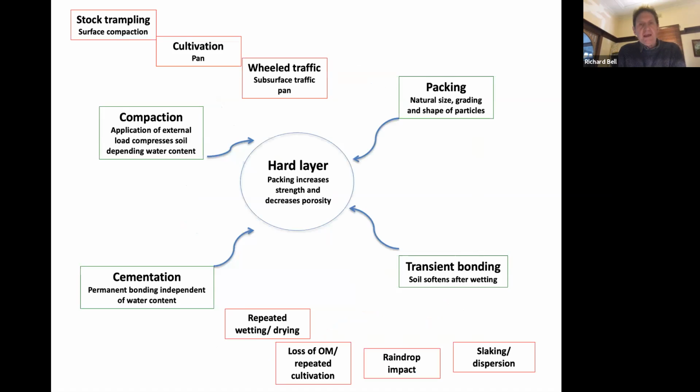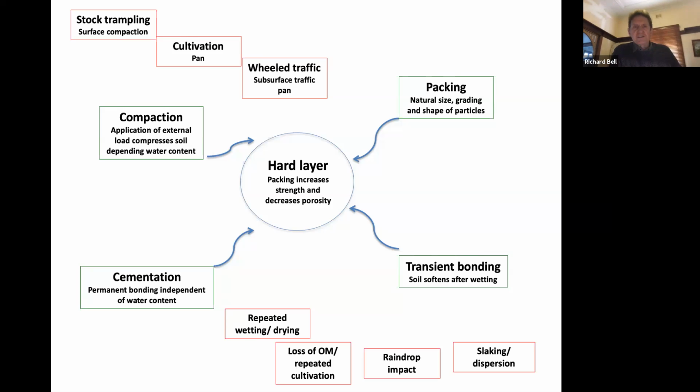When we talk about compaction, it is broadly within the context of hard layers in soils, and that's a bigger topic than just compaction, because we know that lots of soils, even under native vegetation, can be quite hard. Lots of native soils have very dense subsoils with extremely high bulk densities in the subsoil.